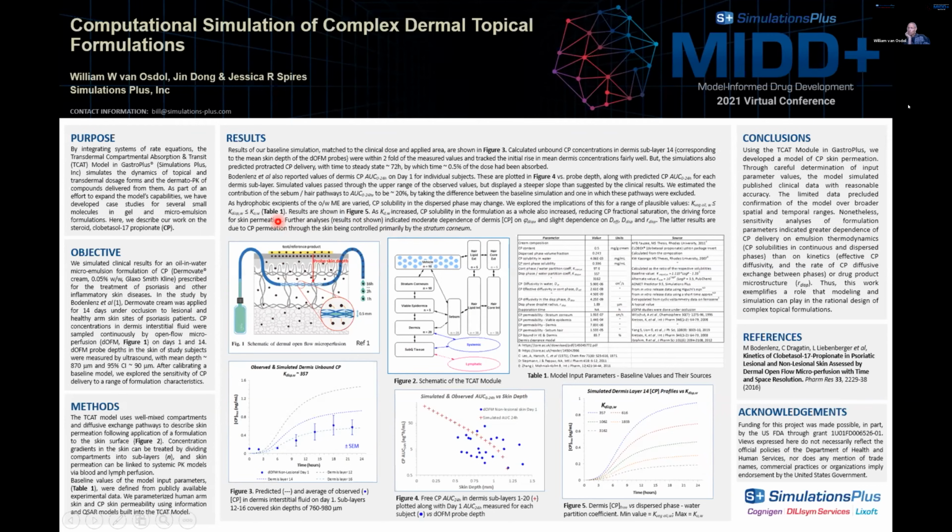Further analyses, which time and space don't permit us to show, indicated moderate dependence of dermis clobetasol propionate concentrations on the volume fraction of the dispersed phase, slight dependence on the diffusivity of clobetasol propionate in the continuous and dispersed phases of the formulation, and very slight dependence on the microstructure of the formulation as reflected by the dispersed phase droplet size distribution.